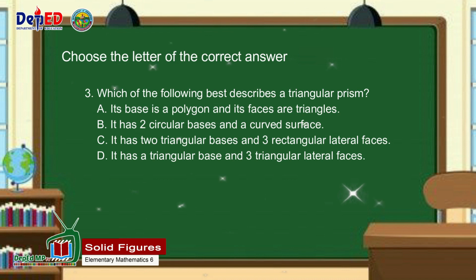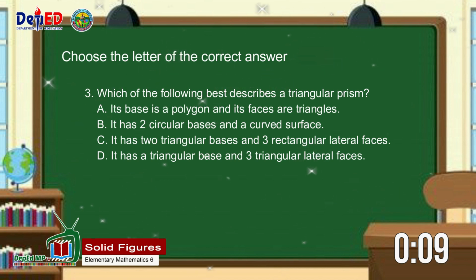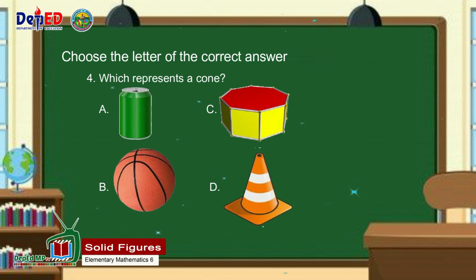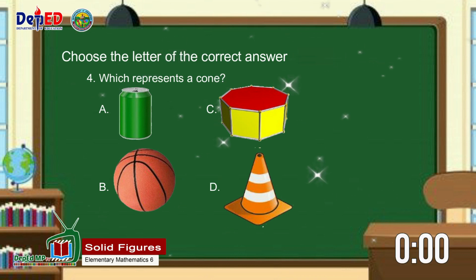Number 3. Which of the following best describes a triangular prism? Number 4. Which represents a cone? Number 5.